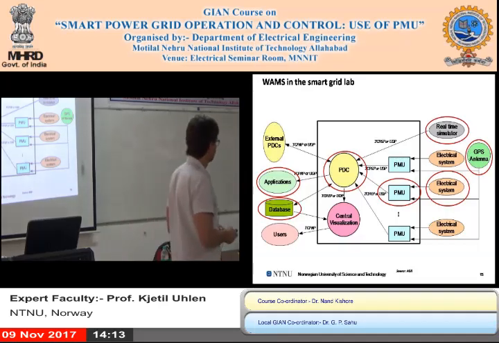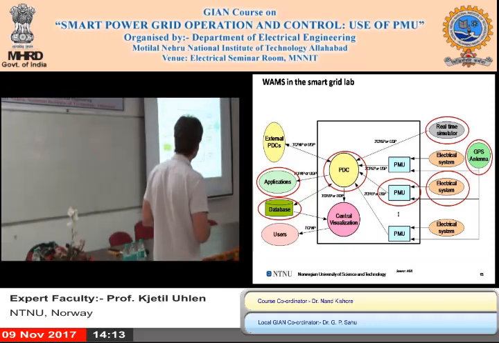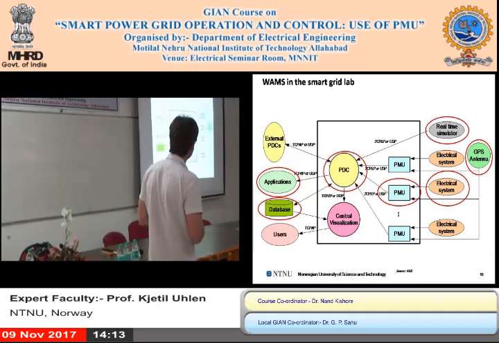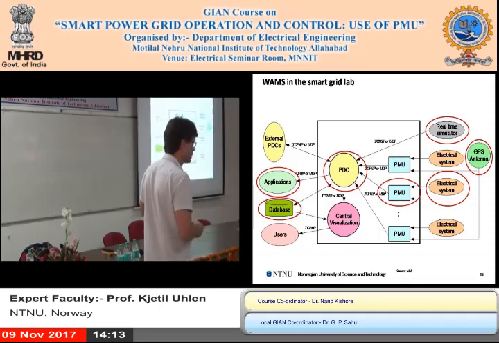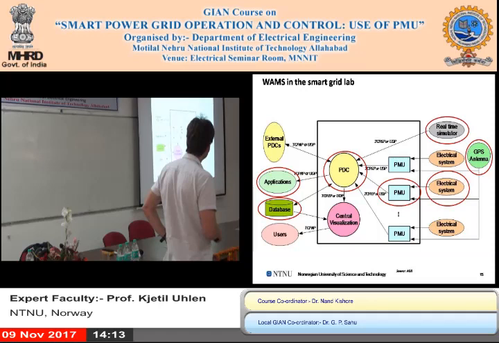Basically, what one could have in such a setup, or actually in general, is that centrally you have a PDC, phasor data concentrator, that gets data from the phasor measurement units. In this case, our own from the system. This, of course, needs to have a GPS antenna.